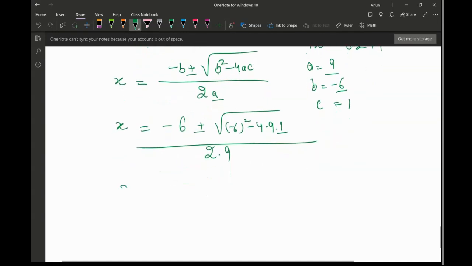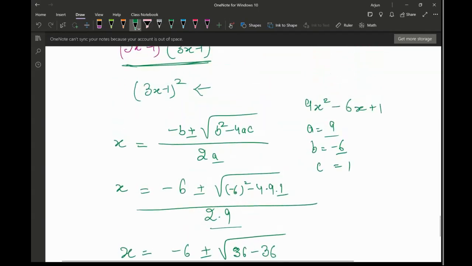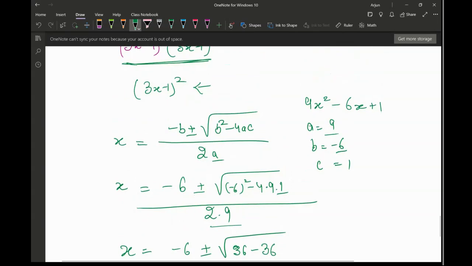And then x is equal to minus 6 plus minus, 6 square is 36, minus 4 times 9 times 1 is 36. And this value is 2 times 9, which is 18. Am I making any mistake here? Just let me quickly check.